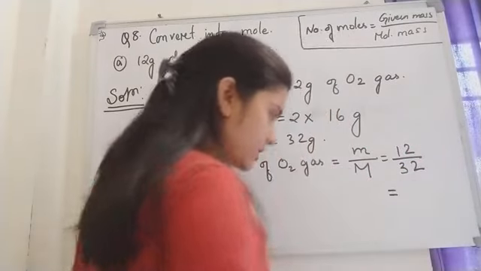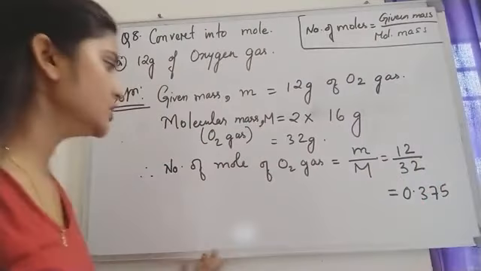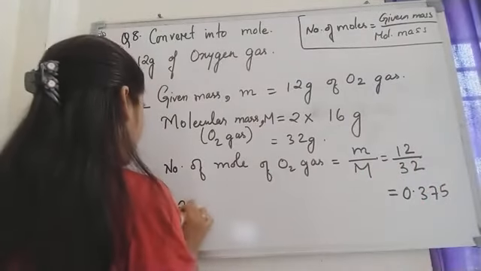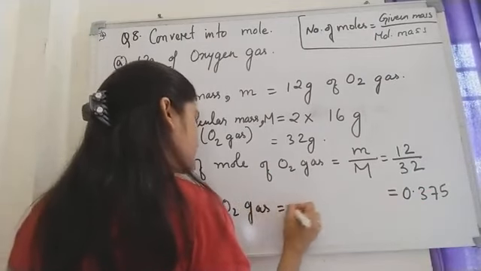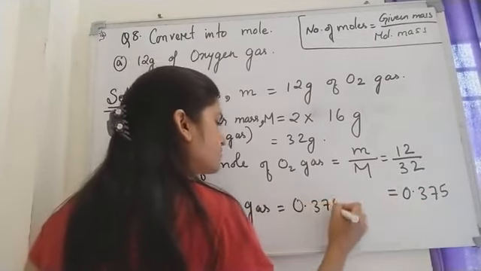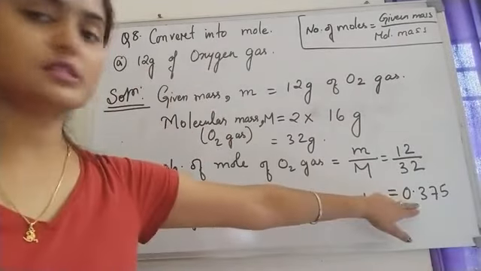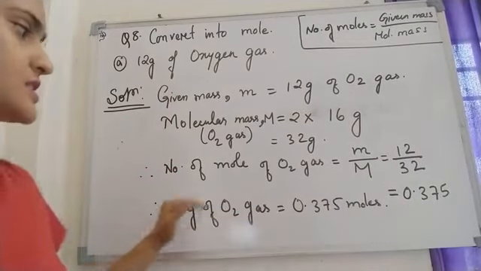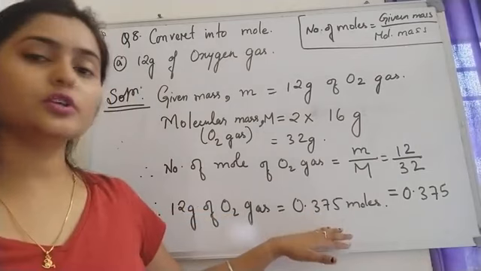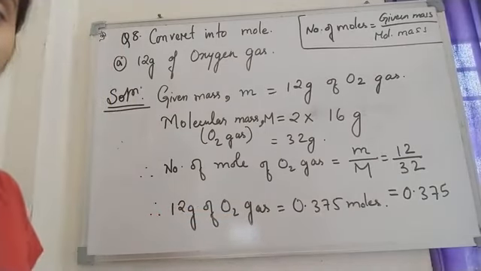By doing our calculation, we get 0.375. So 12 gram of oxygen gas is equal to 0.375 moles. The unit is moles. Over here we are simply using the formula.